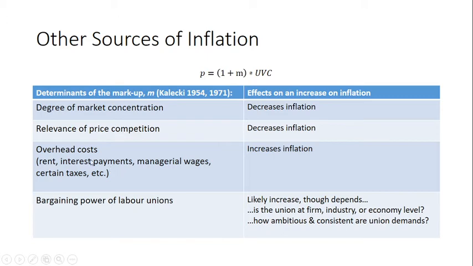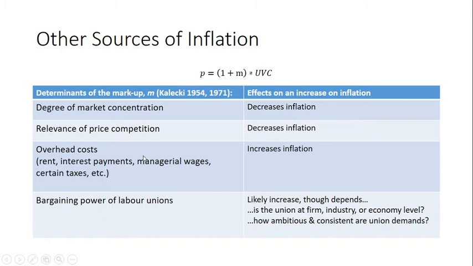We have the clear relevance of overhead costs. These are the fixed costs that you pay regardless of how much you are producing, as opposed to unit variable costs, where for every additional unit of output you produce, there are additional costs. Overhead costs typically include the rent of the factory in which you make your chocolate bars or whatever you're making, or the interest payments for that factory if you own it, or the managerial wages.